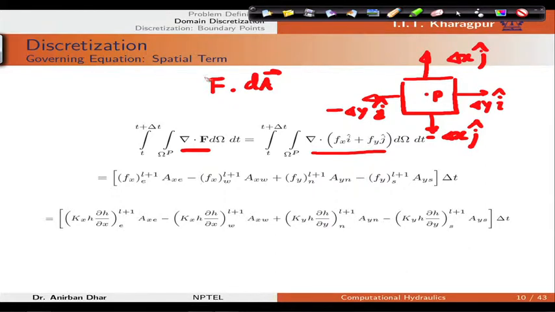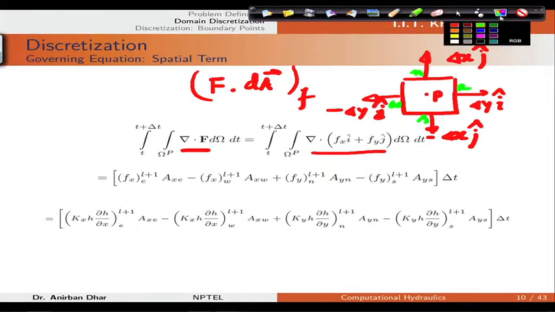that F dot dA from our Gauss divergence theorem. So, F dot dA, this component for all faces, that means we need to consider these east, north, west and south faces here. So, for all faces if we consider this quantity dot area for eastern face, obviously this will be positive.